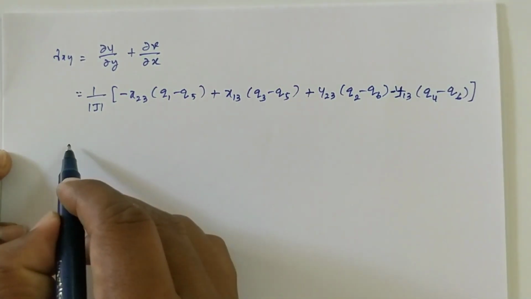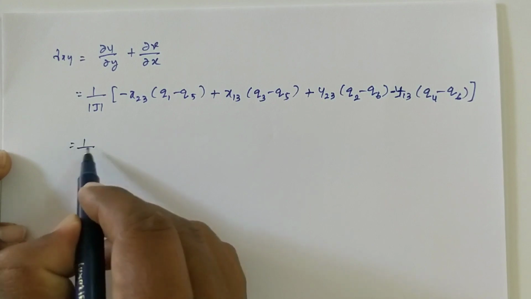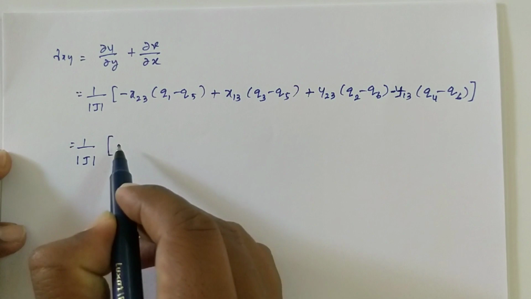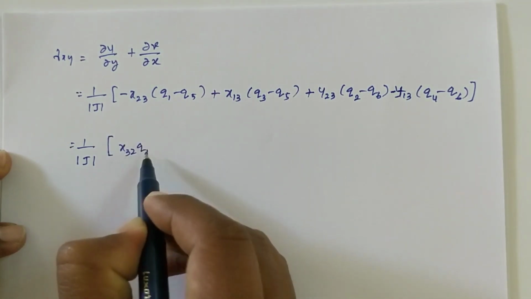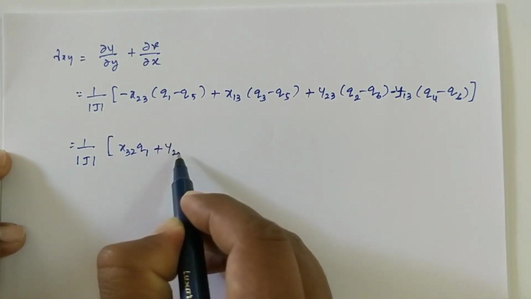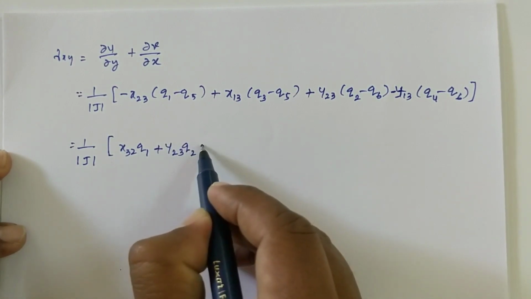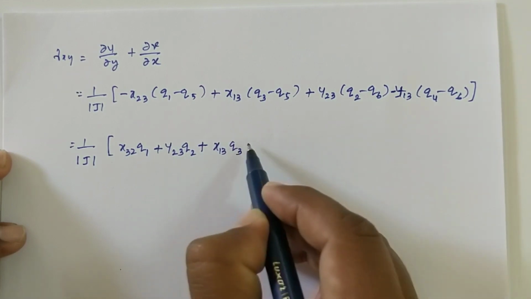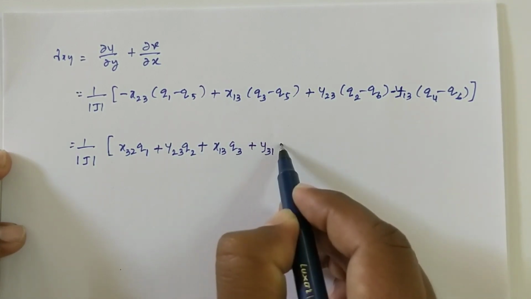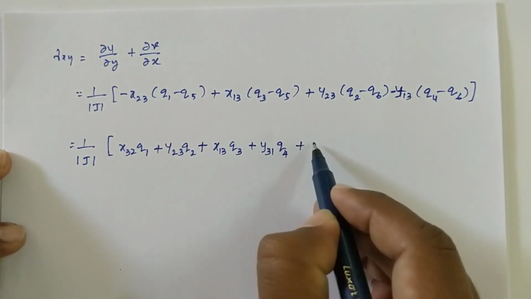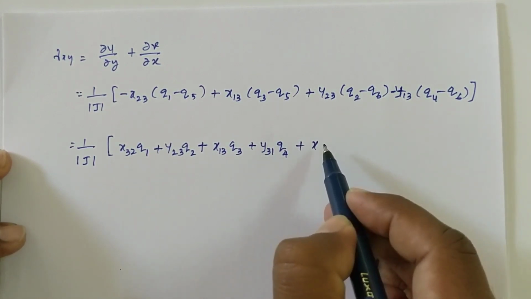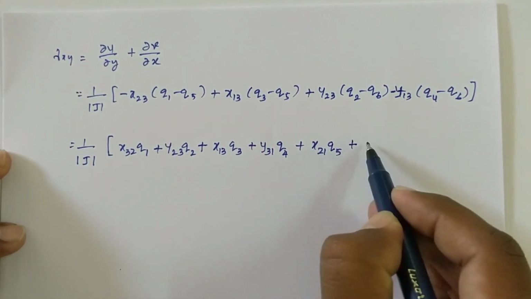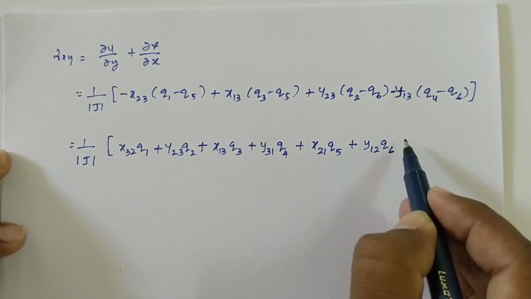Upon simplification, the final equation is 1 over determinant of J into x32 q1 plus y23 q2 plus x13 q3 plus y31 q4 plus x21 q5 plus y12 q6.